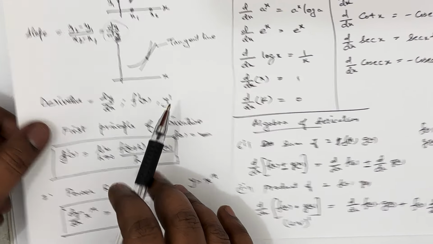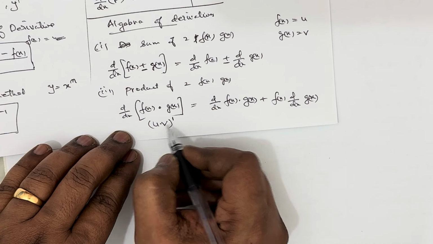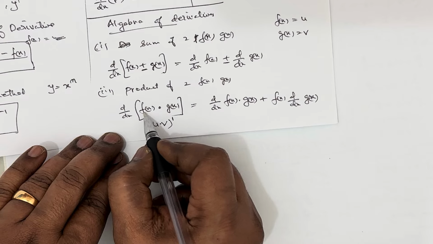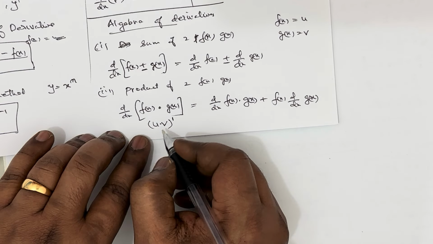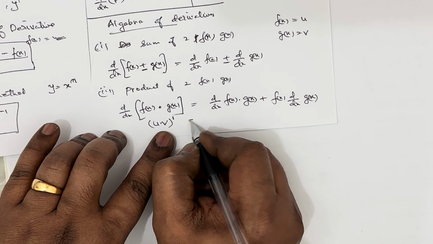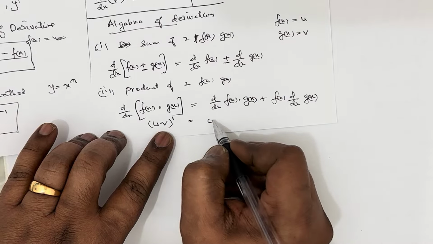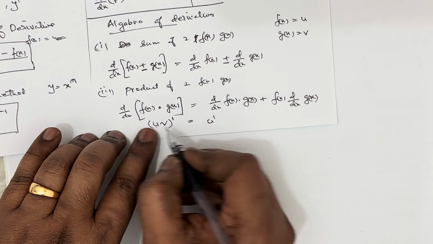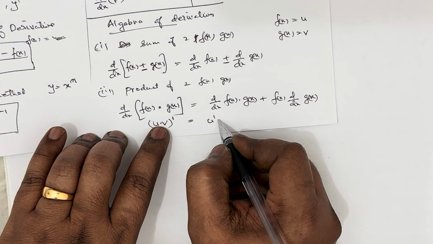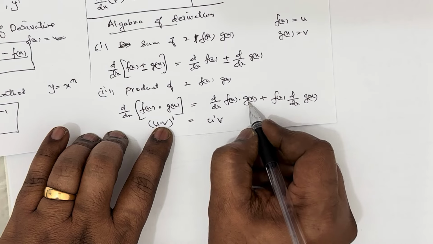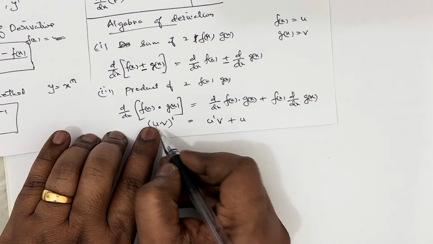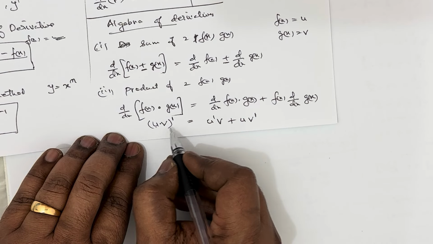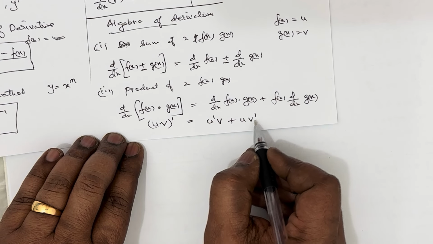So uv whole dash is u dash, derivative of the first expression, and the second as it is, that is g of x, plus first as it is and derivative of the second one. uv whole dash is equal to u dash v plus uv dash.